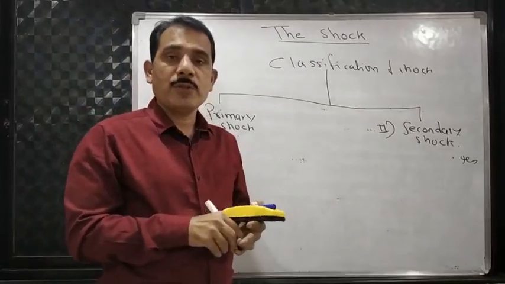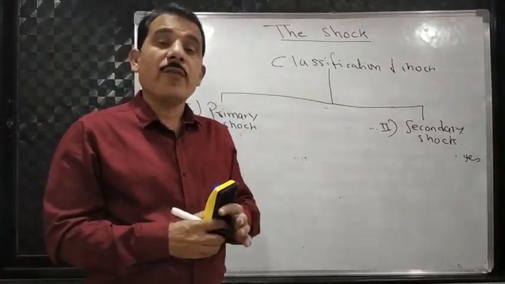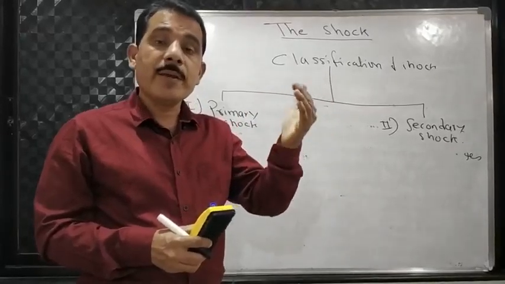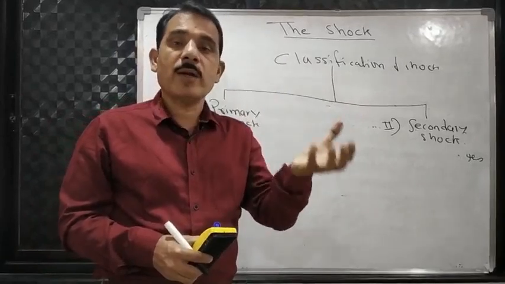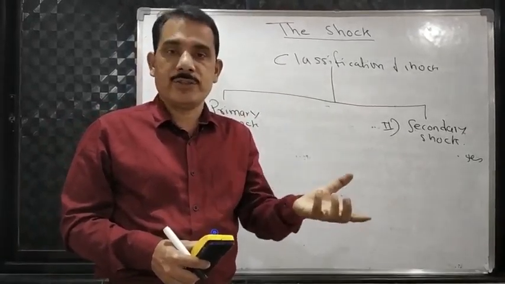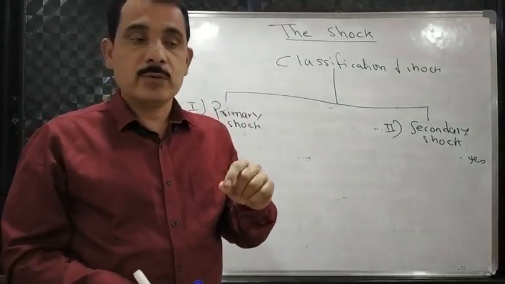The primary shock means what? This is the type of shock which occurs without any predisposing or pre-existing abnormal condition or disease. Such types of shock are called primary shock. Do you understand?